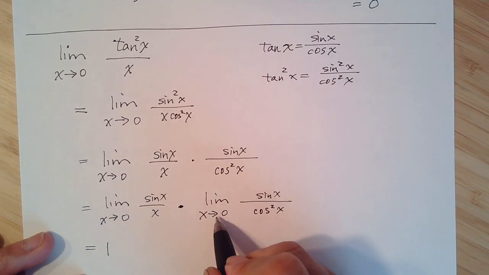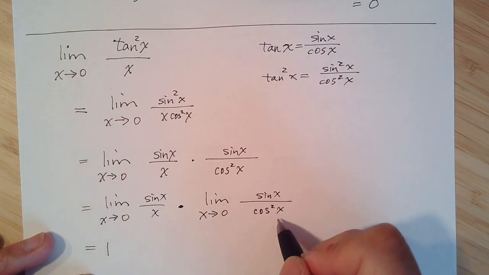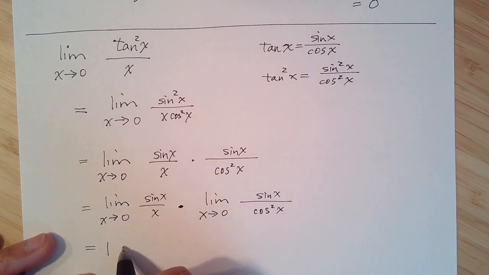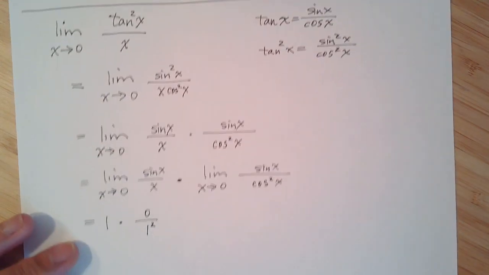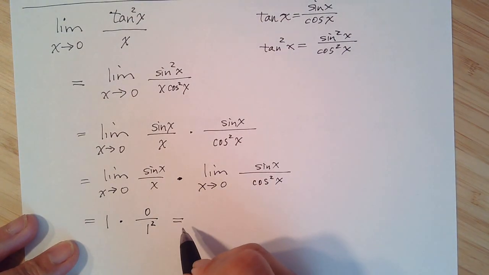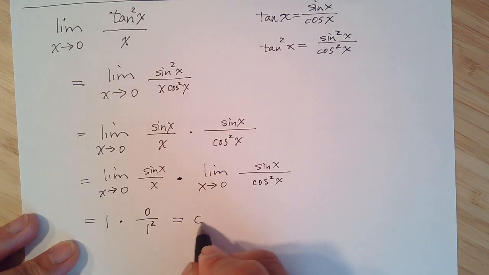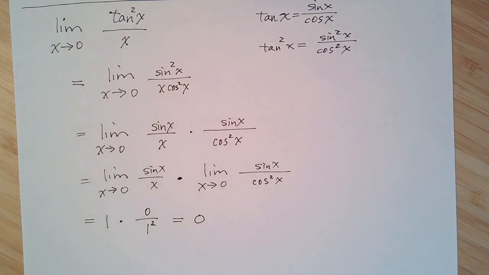And in this one, the numerator is 0, but the denominator is not. The denominator, cosine x, if you substitute, is 1. So the answer is 0. Okay, done. So we finished this section.